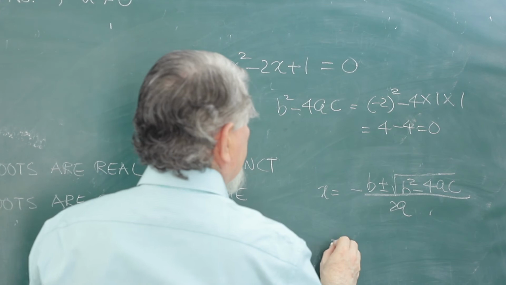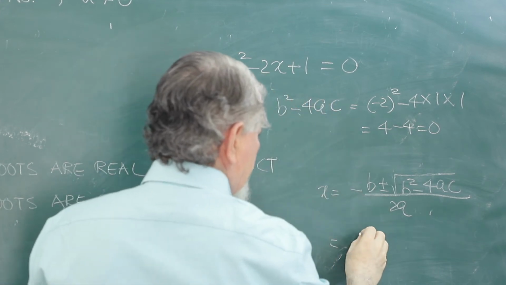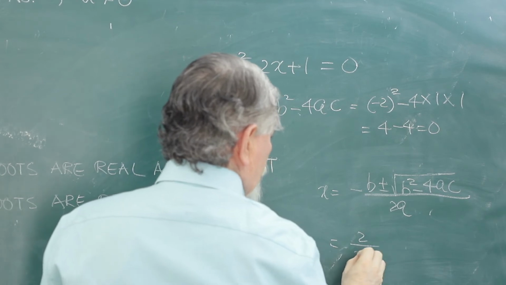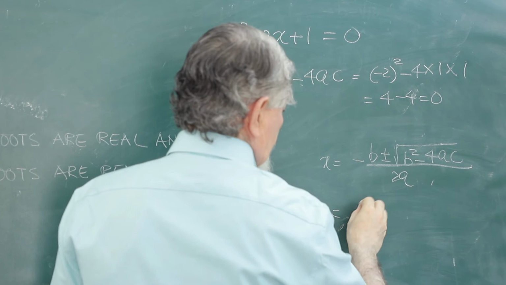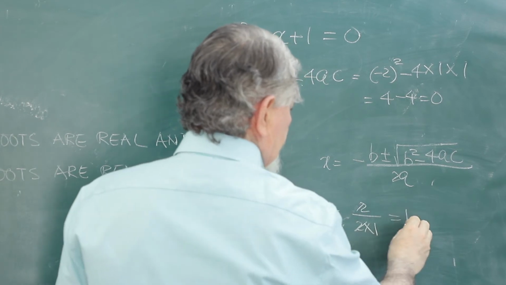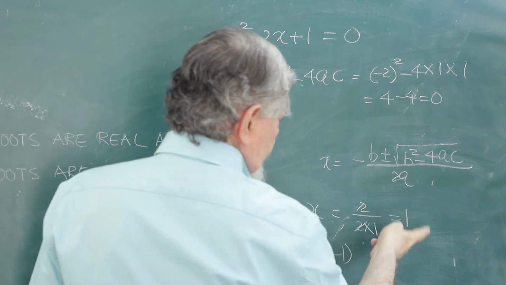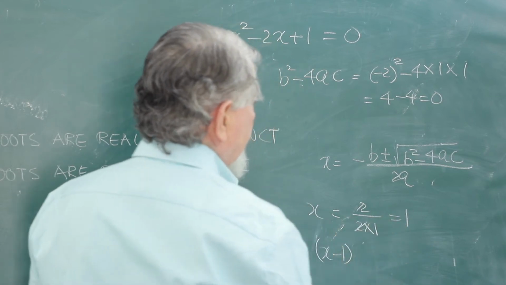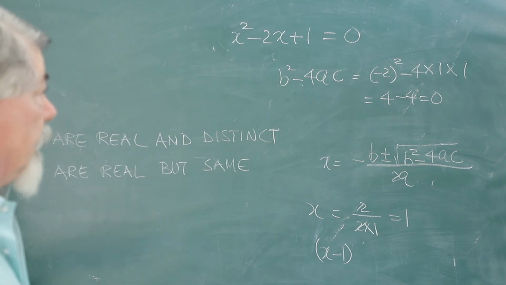So what will you get? b was how much? b was minus 2. So minus minus is plus 2, upon 2 into 1. So x will be 1. The value of the root is 1.